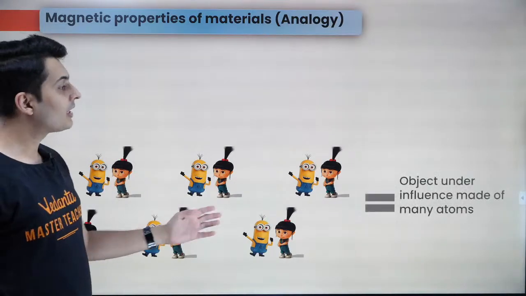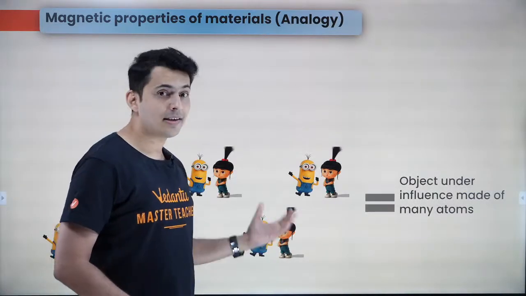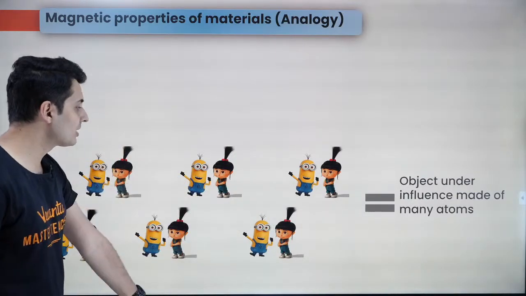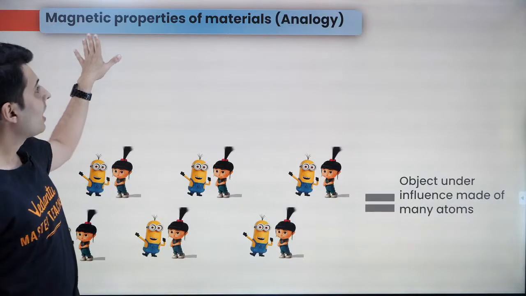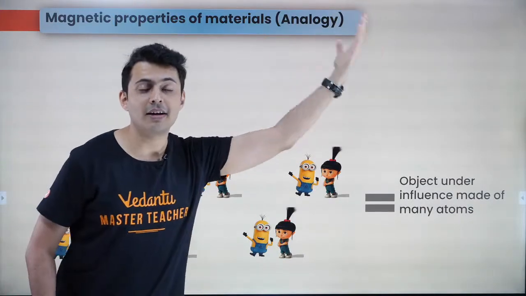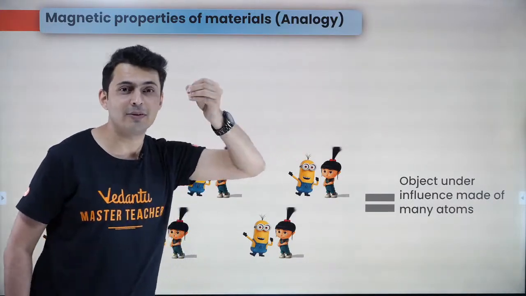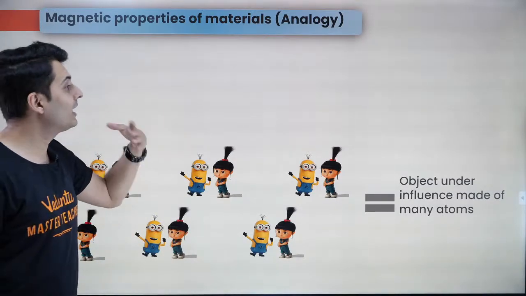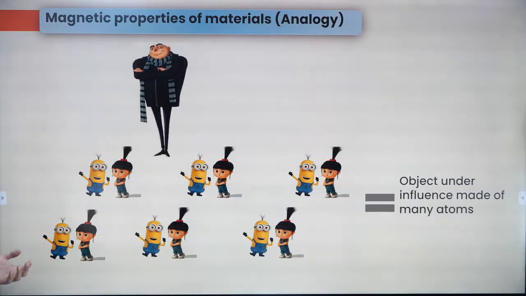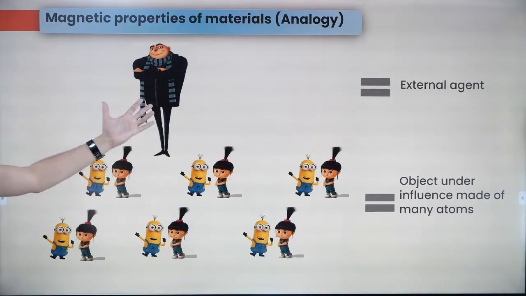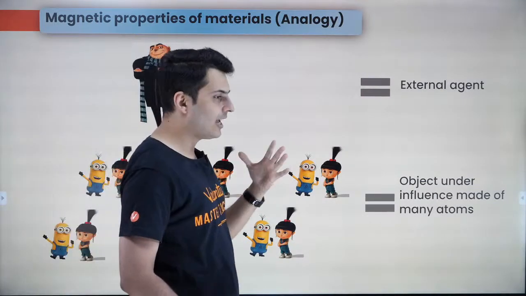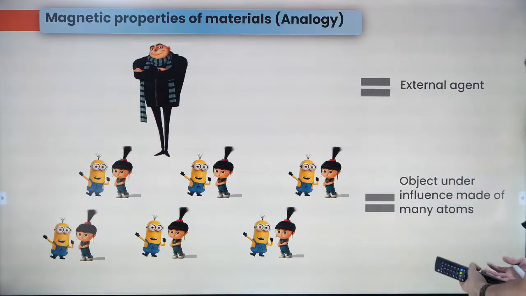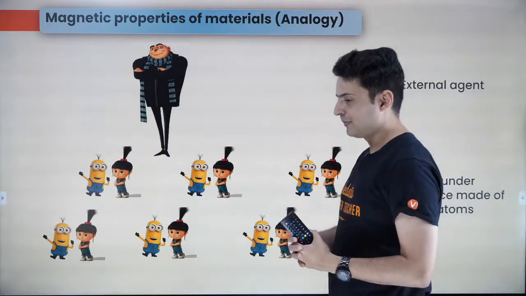Now we want to see what is the influence on these atoms because of some other material around it, some other external magnetic field around it. Somebody else comes, and we want to know, how do these electrons behave? What exactly happens to these electrons? We want to know that.